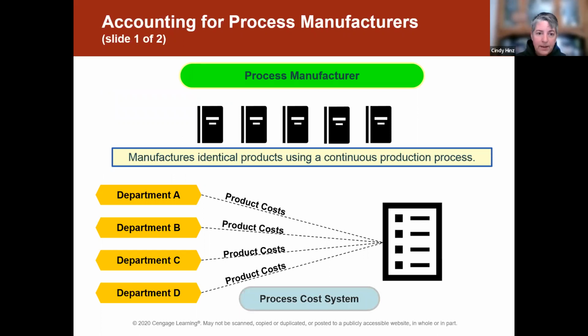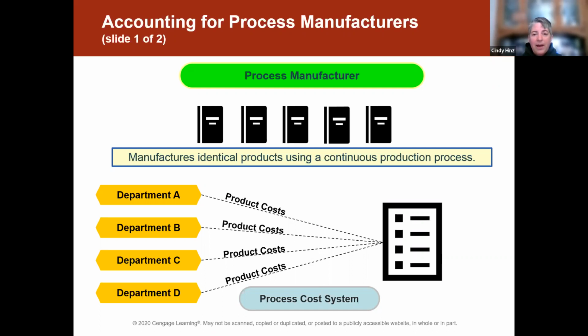Okay. So let's talk briefly about why a company would use a process costing system. Remember, we said companies would use a job order costing system. In order to use that, they must be able to clearly identify a beginning and end to the production process. So that's the must.